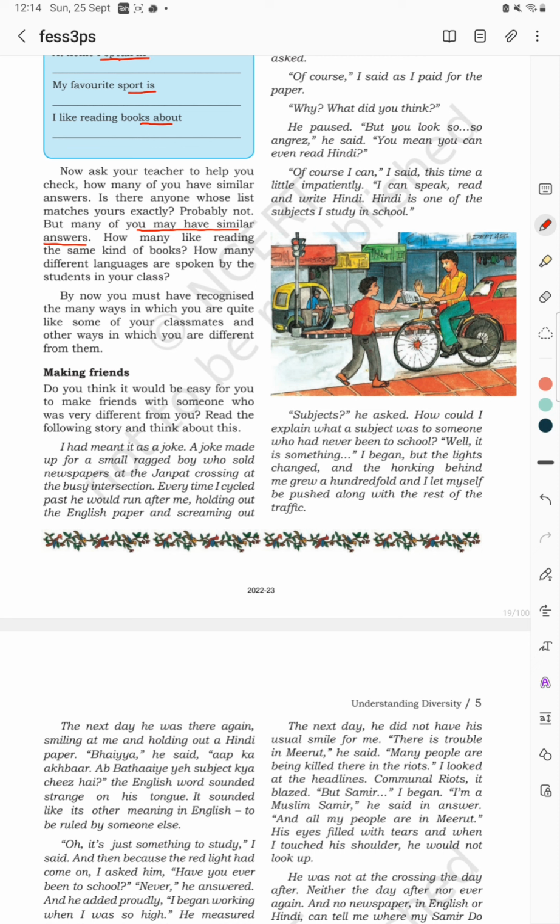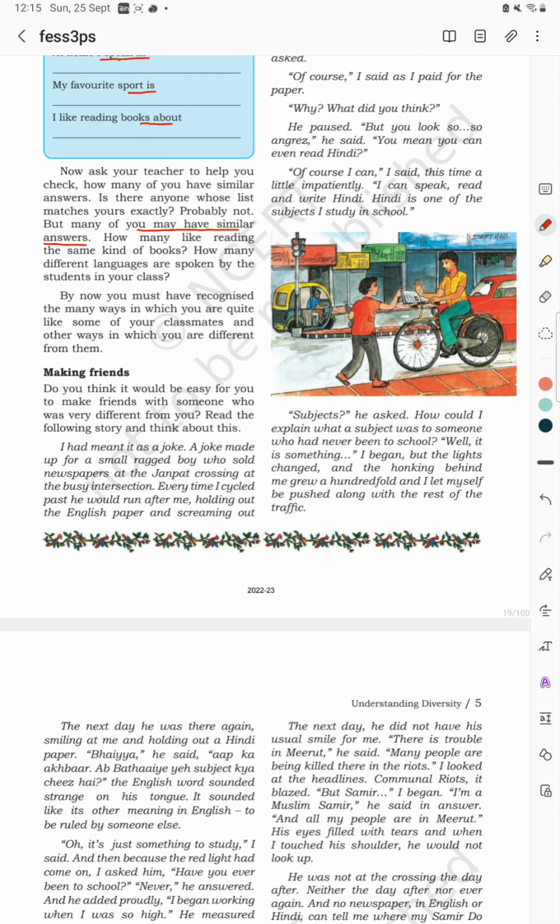So let's just quickly read this story, then we'll find out the answers to a few questions. So I had meant it as a joke made up for a small ragged boy who sold newspapers at the Janpath crossing at the busy intersection.